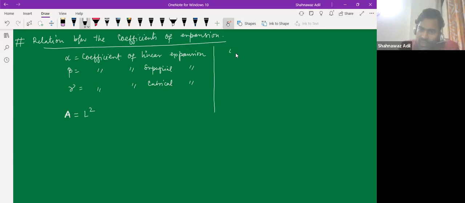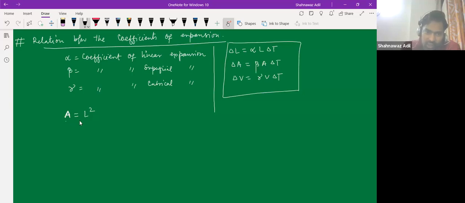We know that delta L equals alpha L delta T. We know that delta A equals beta A delta T. We know that delta V equals gamma V delta T. These are the three relations that we know, and area is length squared. So if we calculate from dimensional analysis the relative error of A, what would that be, guys? What would that be?